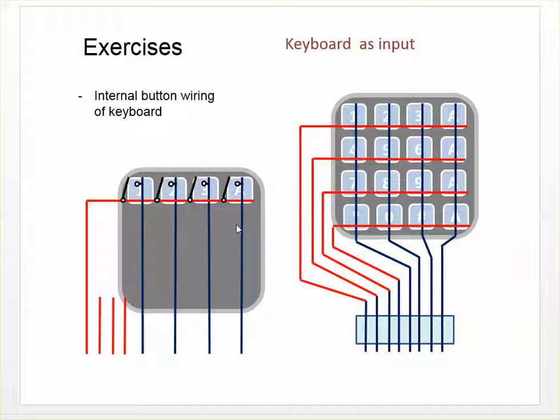But in the first exercise we will use only these 4 keys from one line. So there's one common line here, and then these individual key lines here. This is part of the big keyboard picture.